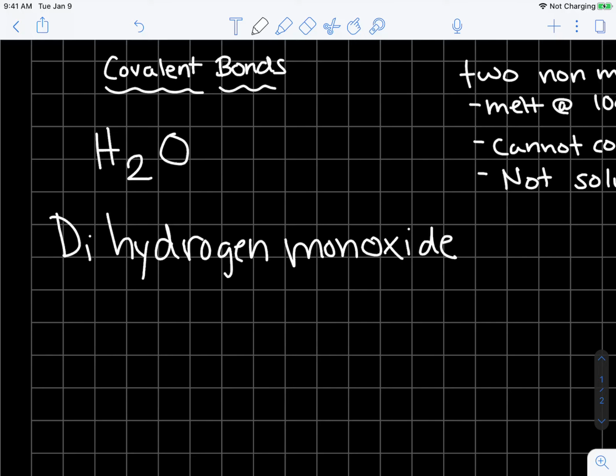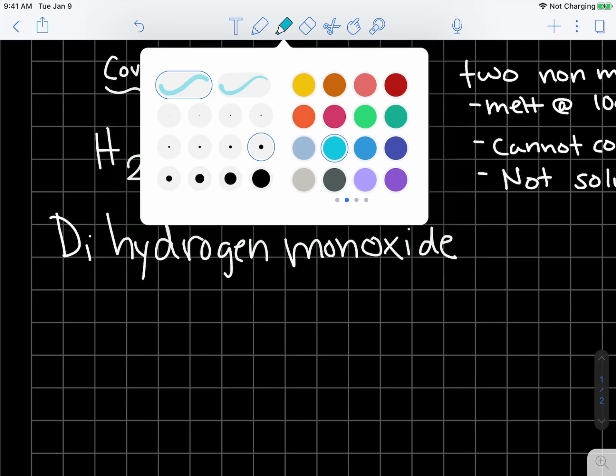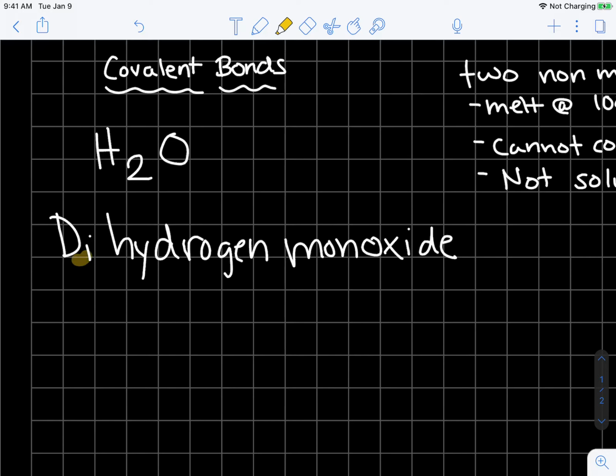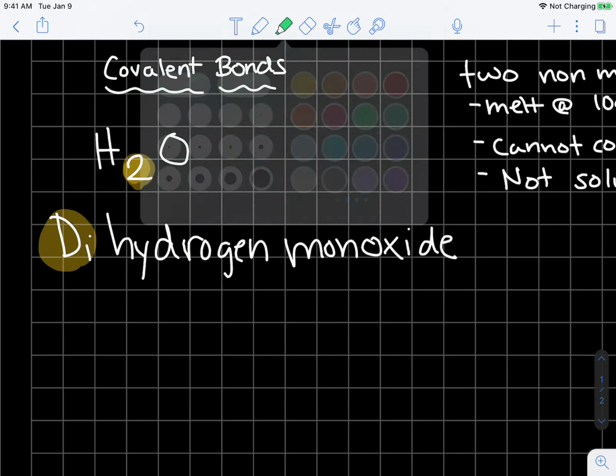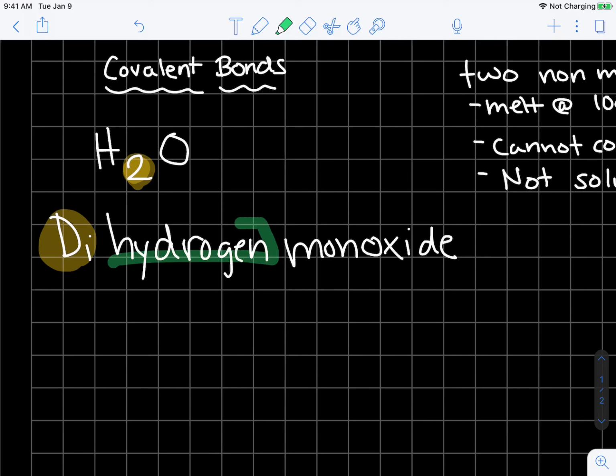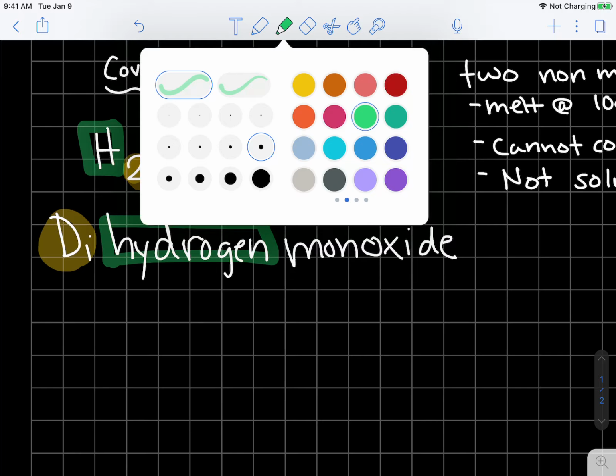Okay, and let's just compare the two. So we have di, representing the subscript 2, and then hydrogen is your first nonmetal. So this is your first nonmetal, that's this guy here. And then next you have another subscript that's named.